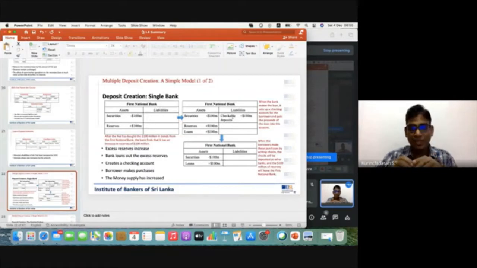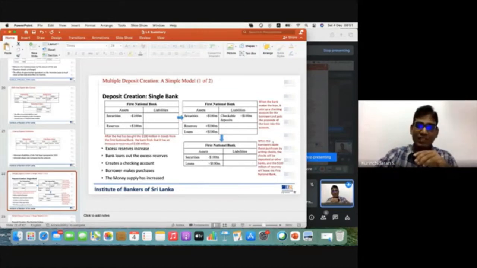If I am a borrower, what banks do is create a loan account and pass that money to a current account. So they create both entries, right? Here in the example, the bank creates both entries: a loan account of 100 million as well as a current account of 100 million.